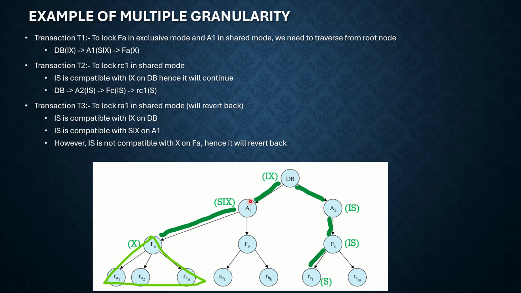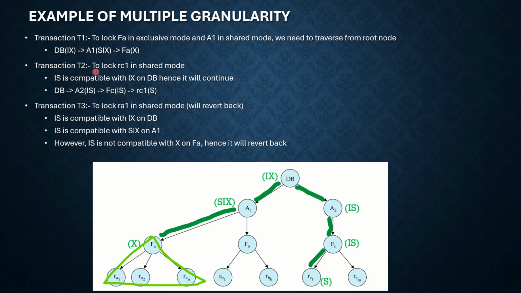So how is it going to do this? It will traverse from the root node to that node. It will come here, put an IX lock, then come here, put a SIX lock, then come here and put an X lock. It has now locked all the data items.